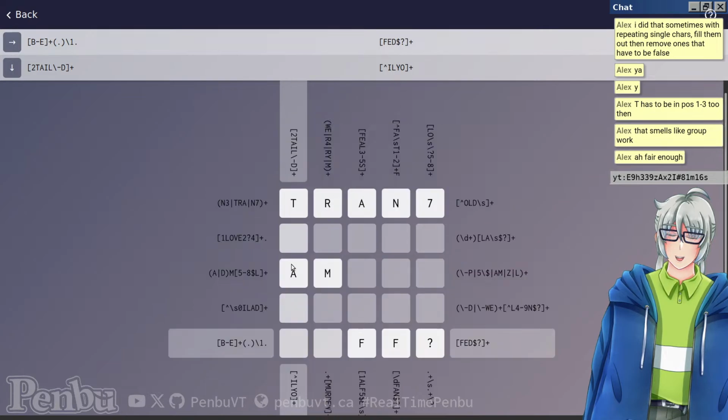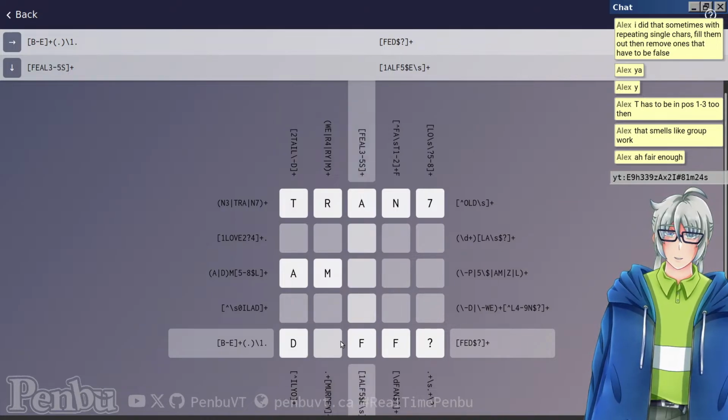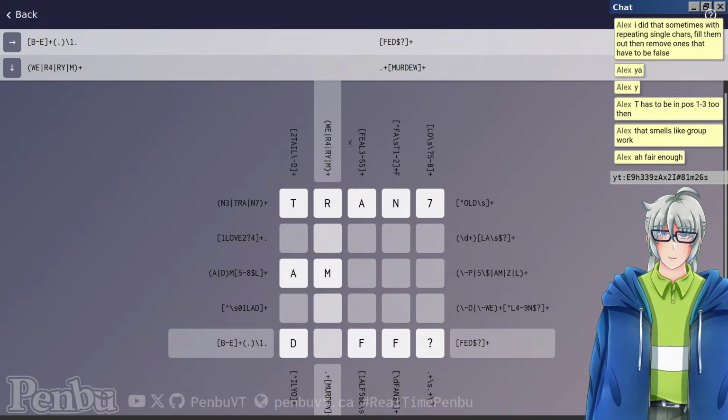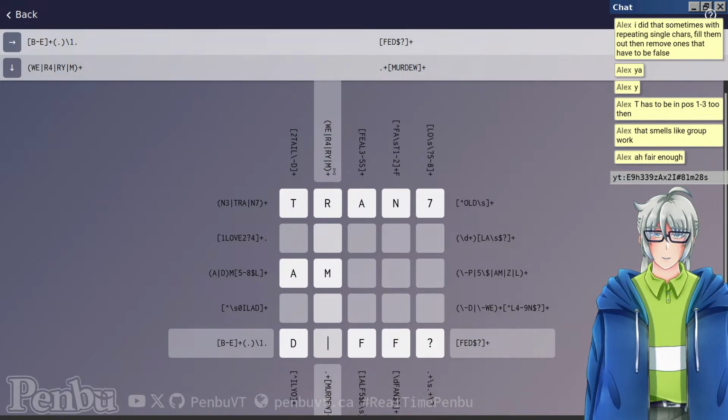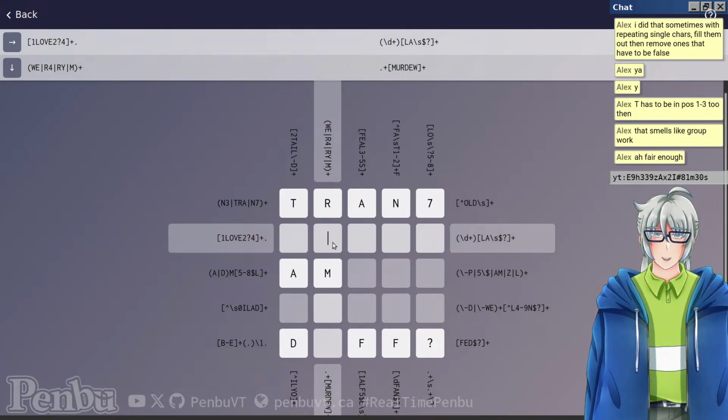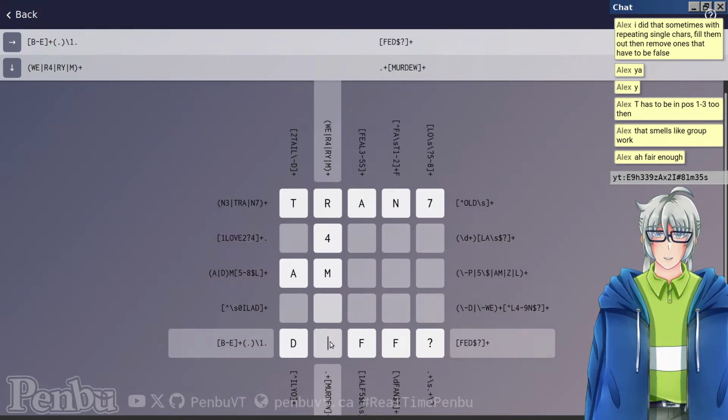What do we have here? B, D, E, and the only ones that overlap here is in T. So this has to be D. This is R4, because that forces it. This is either R4 or WE.